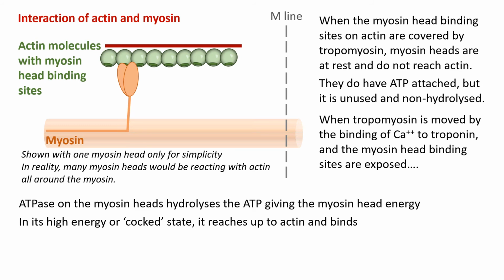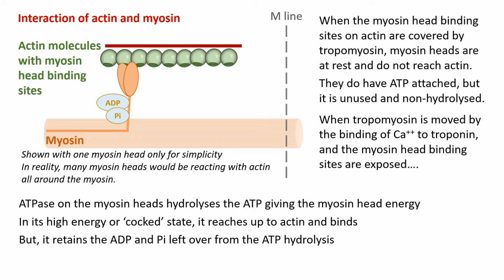So it has used energy from ATP. But it keeps the ADP and the phosphate, the Pi, left over from the ATP hydrolysis. So it keeps both components attached to it at the moment.